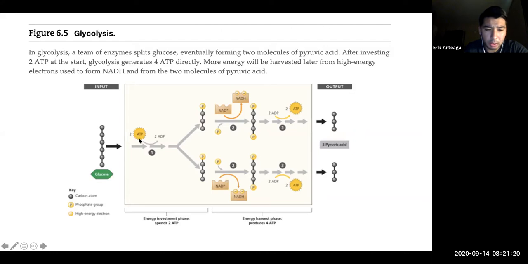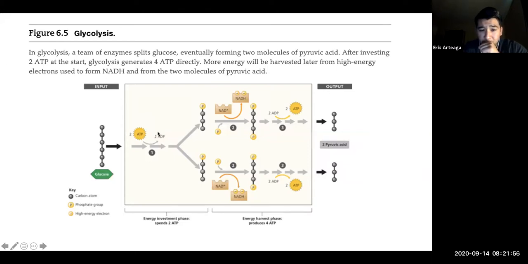First, in glycolysis, you have to invest 2 ATP or 2 units of energy. This ATP will then be used to phosphorylate the ends of this glucose that makes this molecule unstable, and it actually allows this molecule to break down into 3 carbon sugars. NAD comes to remove electrons. This is important because this allows for the harvesting of ATP. Okay.